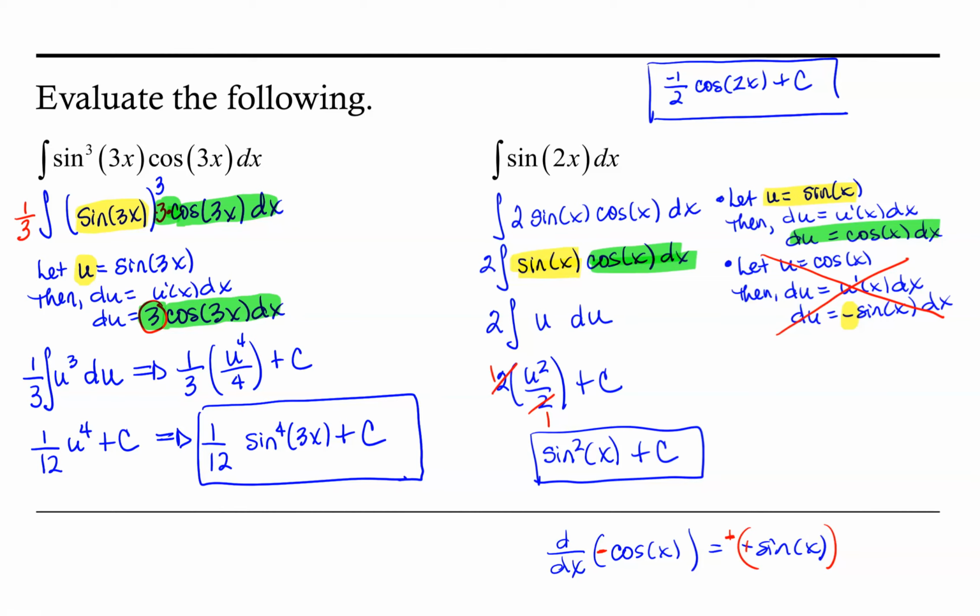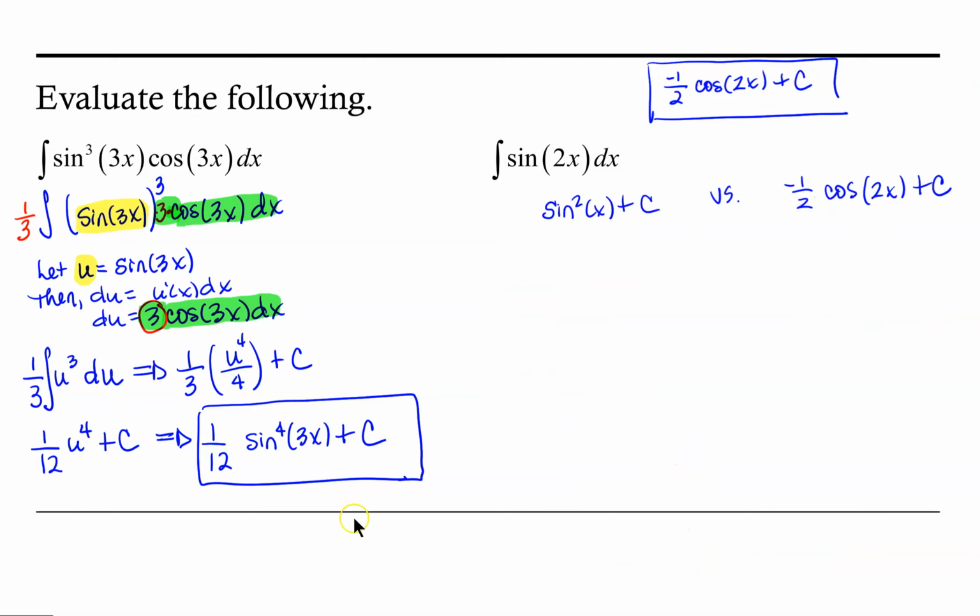So at this point, you might be thinking, wait a minute, we didn't get the same antiderivative using both strategies. Well, the reality is there are some trigonometric identities that can help us connect the two. So let's take a quick moment and look at that. At the moment, it appears we have two different antiderivatives.